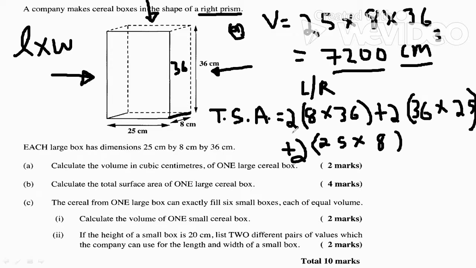The 36 and the 25 is the front and the back part of the cereal box. All right. And the 25 and the 8 is the top and the bottom piece.